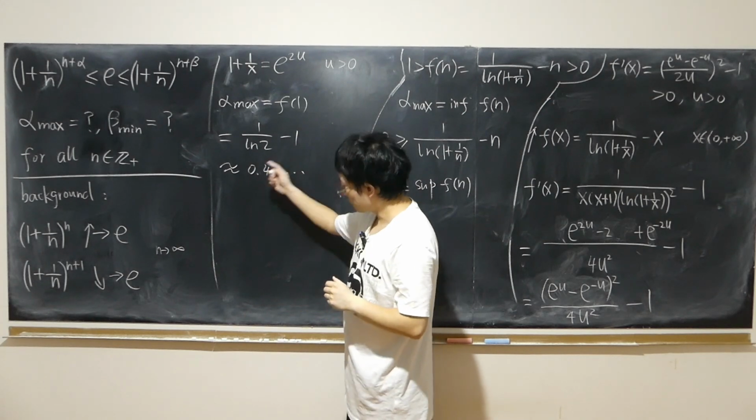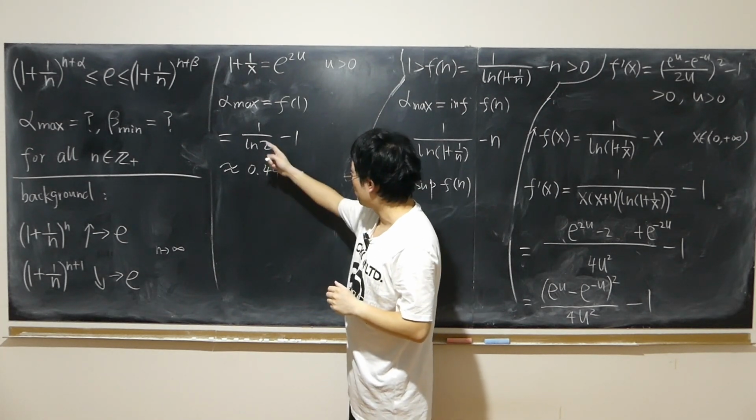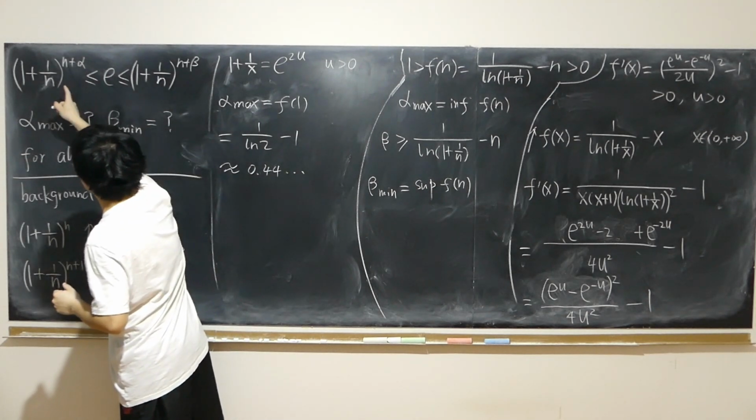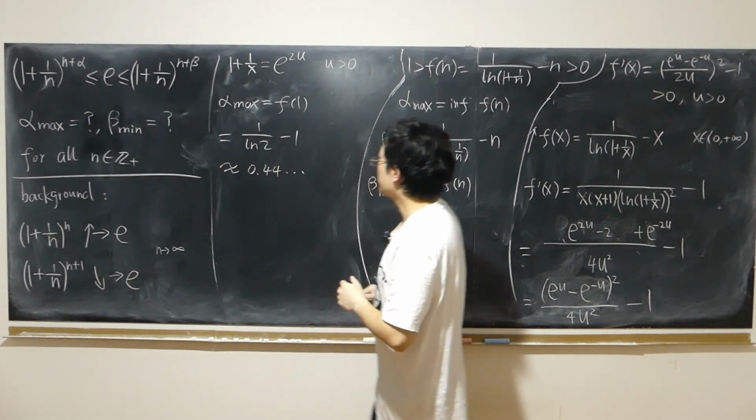So that's the maximum possible value alpha can reach that makes the left-hand side inequality still hold.